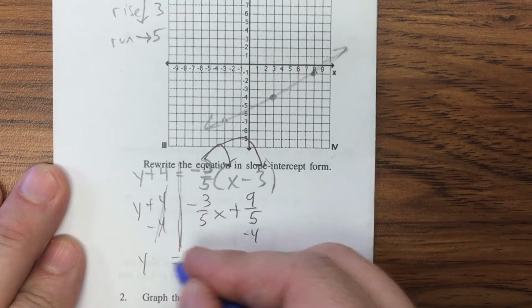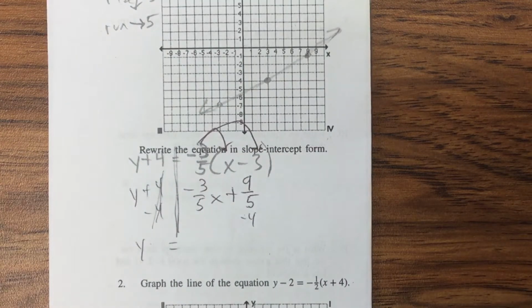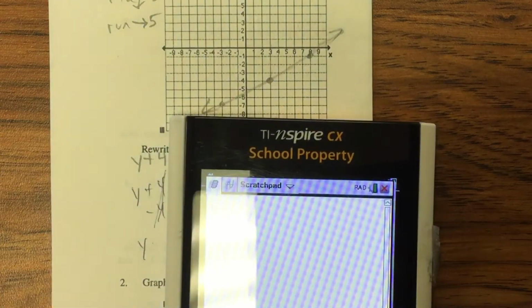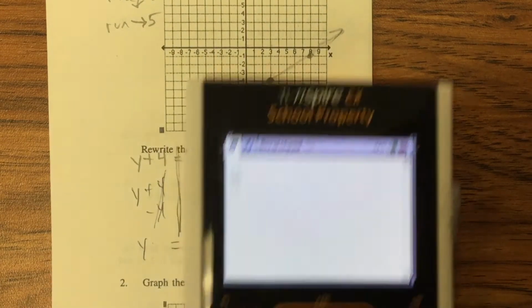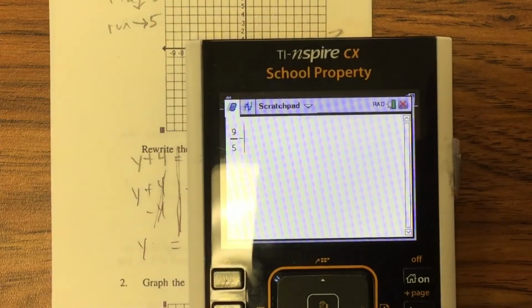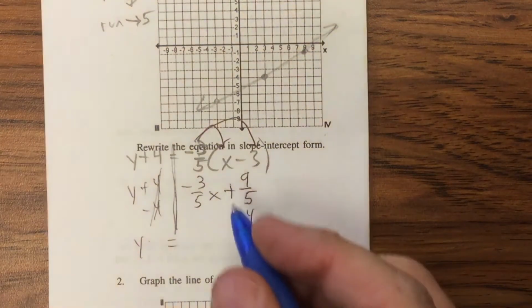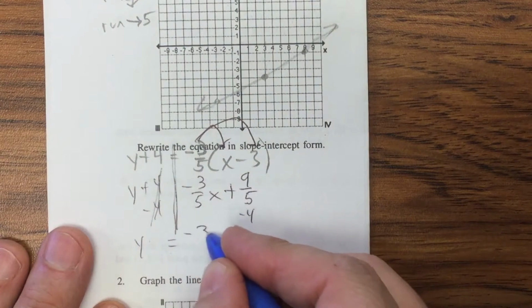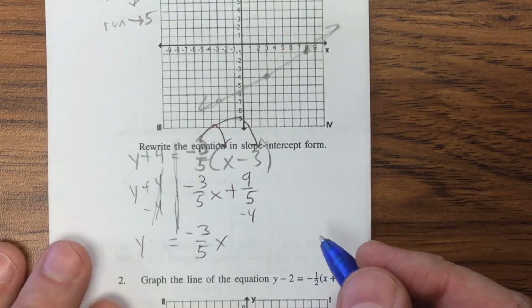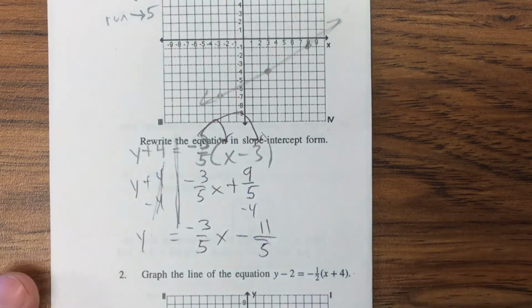So 9/5 -4 is a good thing just to type in the calculator. Let's put in control divide, and I get my fraction boxes. So 9/5, and then get my blinker to the right of it, -4. You have -11/5. So my final slope-intercept form is y equals negative 3/5 x minus 11 over 5.